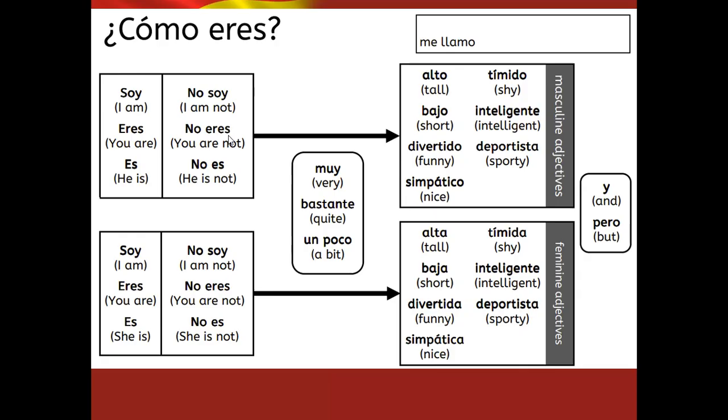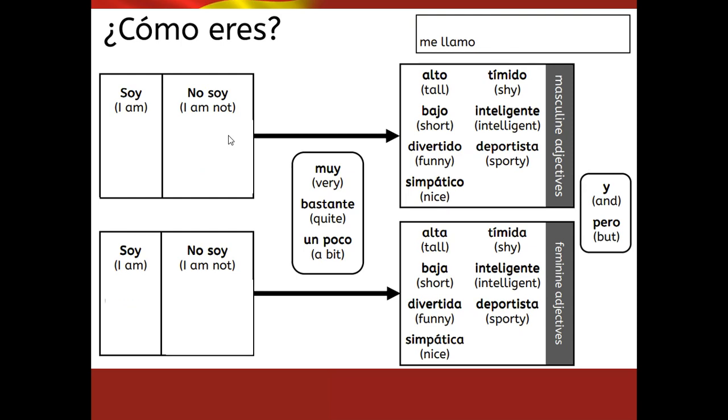So here's a sentence builder, and that's showing us all of those changes. We're just going to focus for now on saying I am and I am not. So we've got our verbs there on the left-hand side. Soy for I am and no soy for I am not.